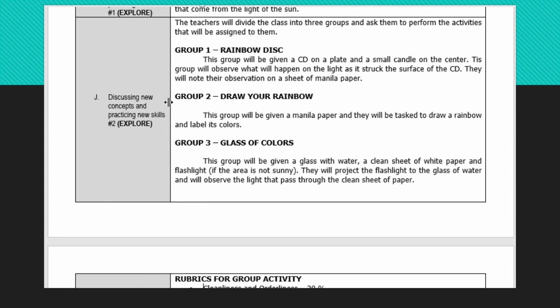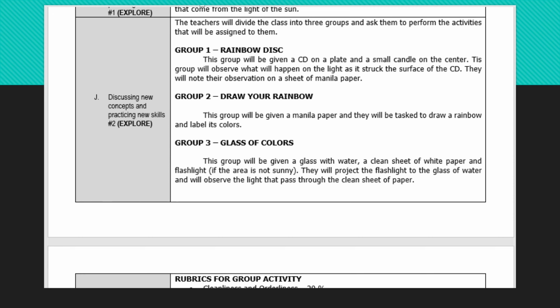This is the weakness of my lesson when I did my lesson demonstration, because it would be better to have up to 5 group activities. But because my resources were limited at that time, I only made 3 groupings. Technically, these 3 groups are okay because I only had a small group of students that time.